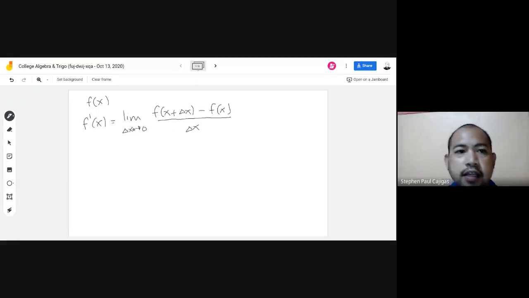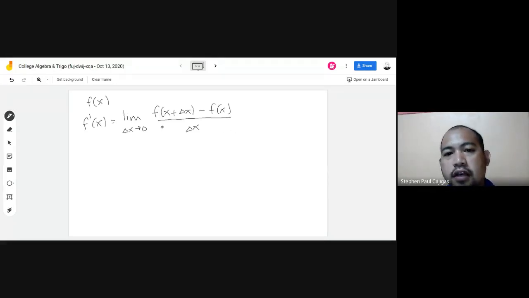This is what we are doing when we are getting the derivative of any function. We evaluate the function at x plus a certain quantity delta x, subtract the function, divide by delta x, and then take the limit as delta x approaches 0.